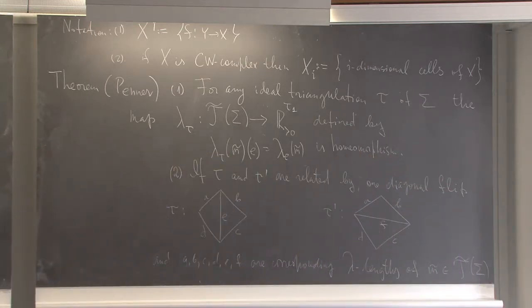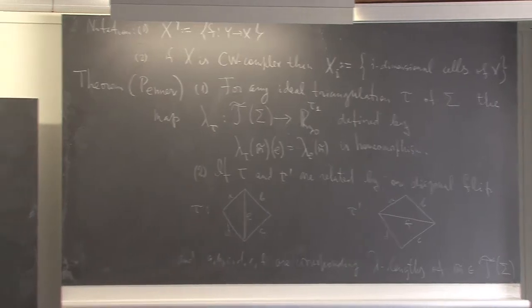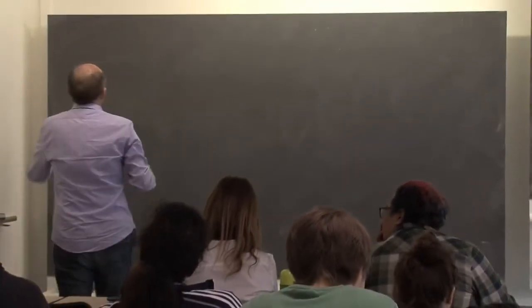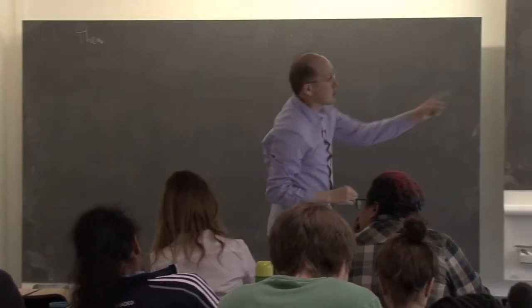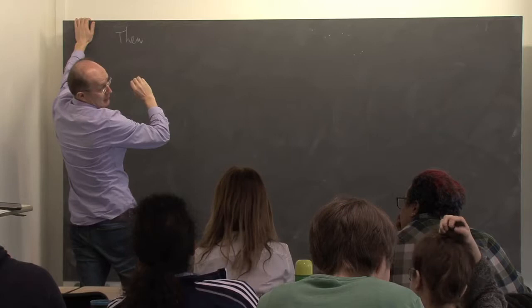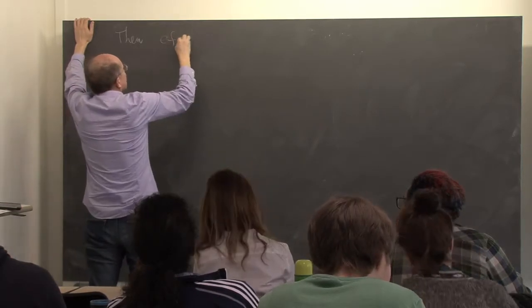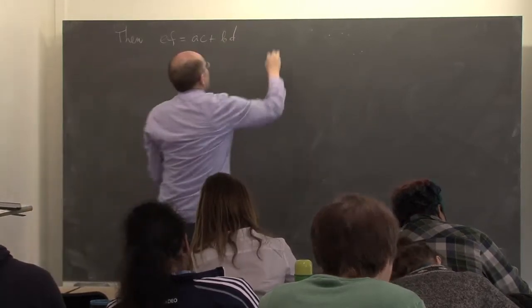Then there is a relation, because we have two coordinates due to the first part of the theorem. We have two coordinates for one and the same point M tilde, given by the ideal triangulation tau and the ideal triangulation tau prime. And now this second part tells us what is the relation when we change by this elementary transformation. Then EF equals AC plus BD. And this is called the Ptolemy relation.